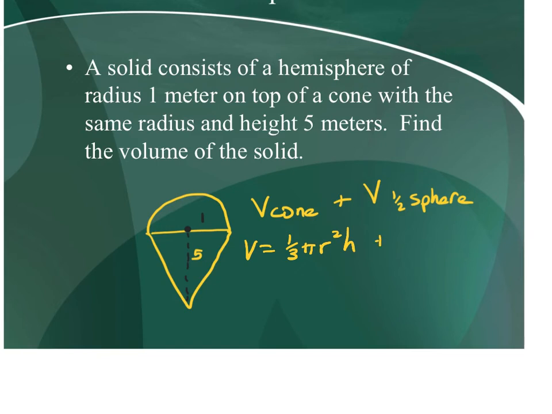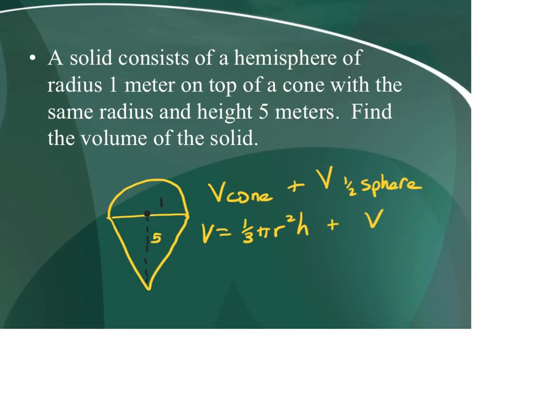And then for my volume of my sphere, or half of my sphere, I'm going to multiply 1/2 times the 4/3 pi radius cubed. So I'm going to plug in my numbers and then add them. So we'll do this one first.